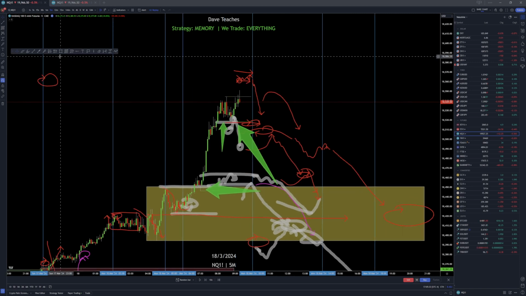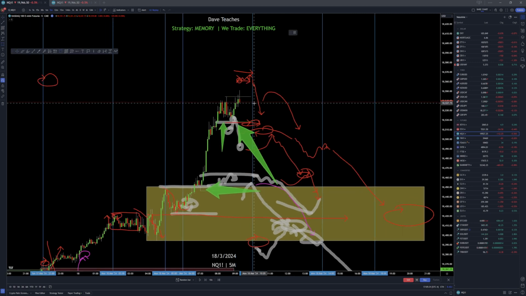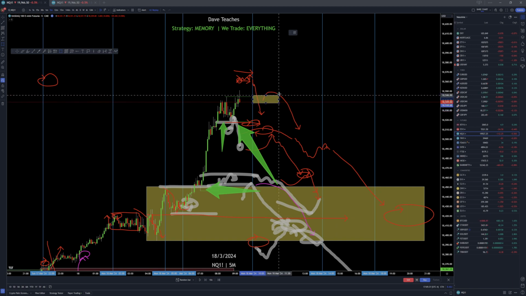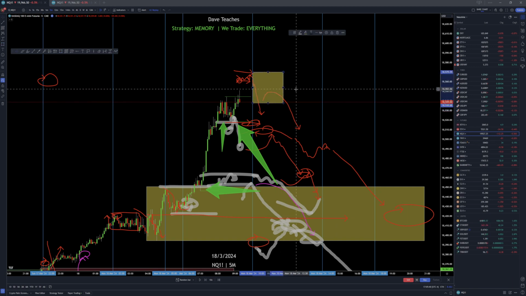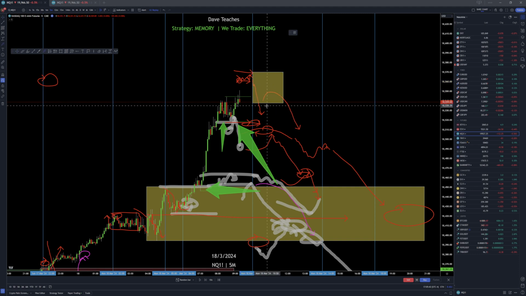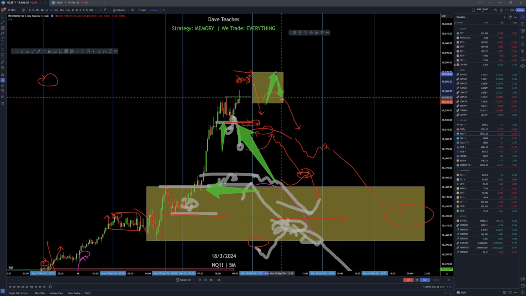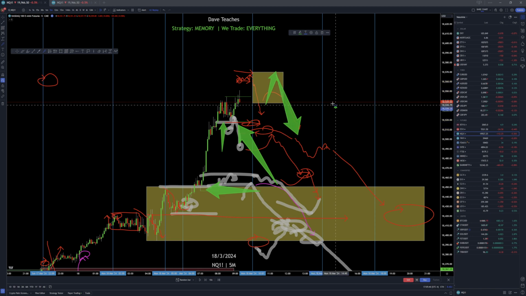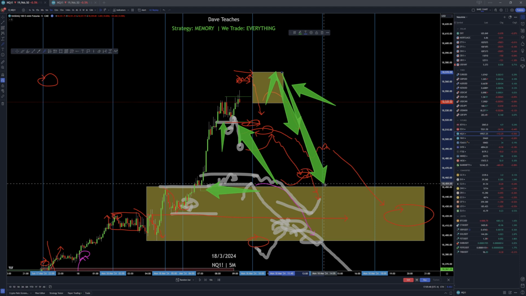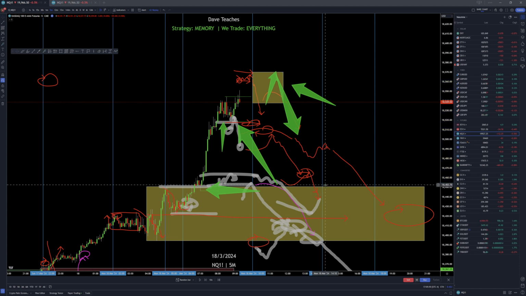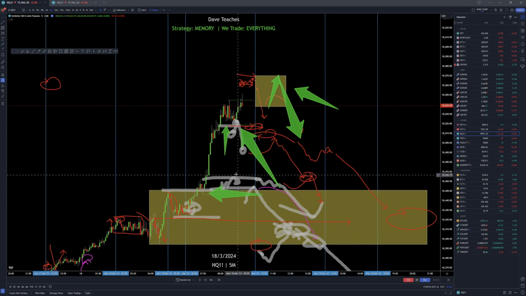So what we want to do when 10 o'clock opens is, let's say 10 o'clock opens and manipulates that way. If it manipulates that way and then moves that way, you want to be able to find a trade in that momentum, that 4-hour candle momentum, because oftentimes it's heading to that 4-hour low or that 4-hour high.